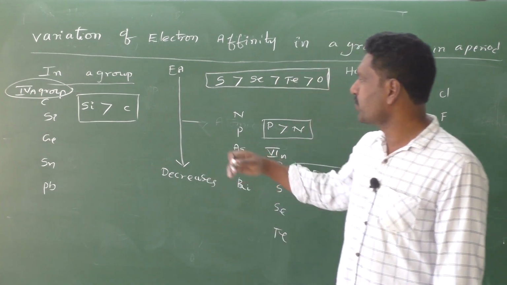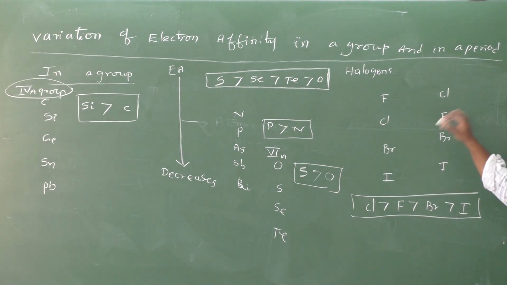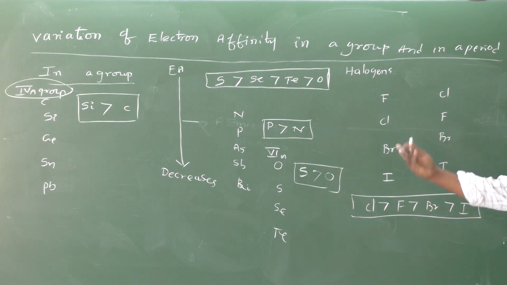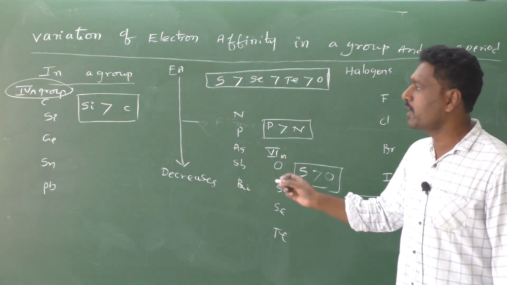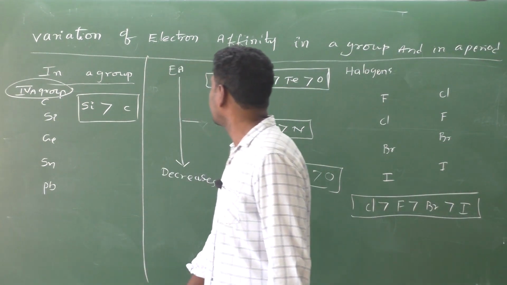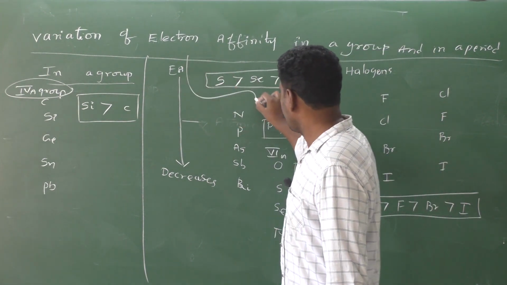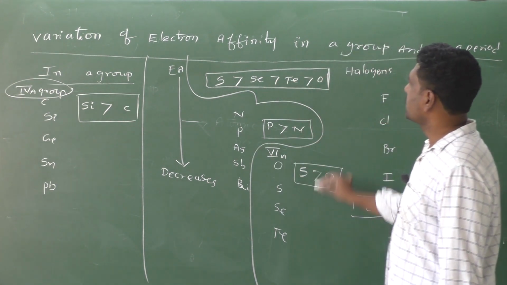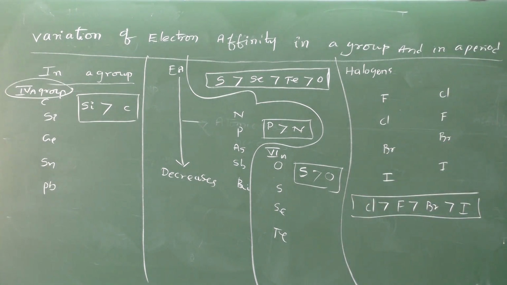First we will discuss why chlorine has more electron affinity than fluorine. Whatever the group, the first element has less: in the 4th group silicon has more than carbon, and the 5th and 7th groups are also like this.